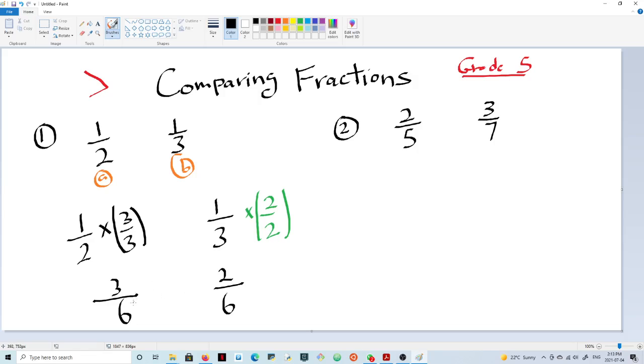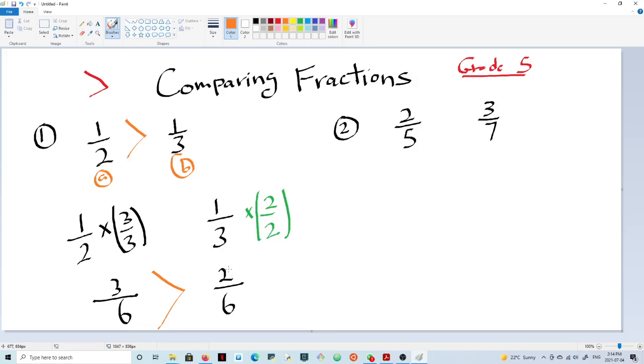Now from this, it's easy to say that because the denominators are the same, the numerator will determine which is the bigger fraction. The one with the bigger numerator will be the bigger fraction. So in this case, 3 upon 6 is greater than 2 upon 6. So it means here half is greater than 1/3.